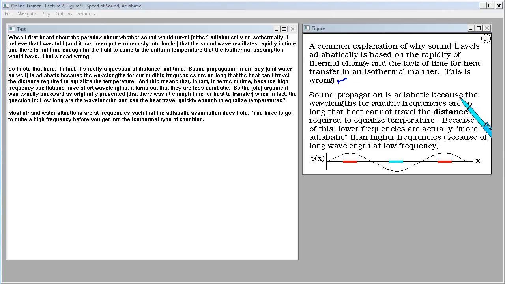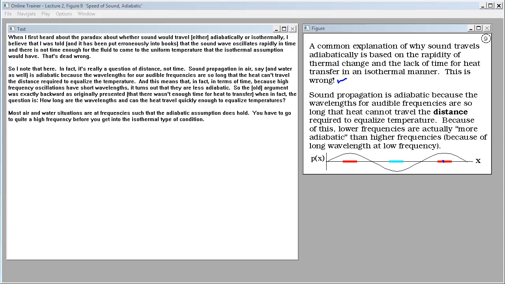Sound propagation in air, say, and water as well, is adiabatic because the wavelengths for our audible frequencies are so long that the heat can't travel the distance required to equalize the temperature. And this means that, in terms of time, because high frequency oscillations have short wavelengths, it turns out that they are less adiabatic.